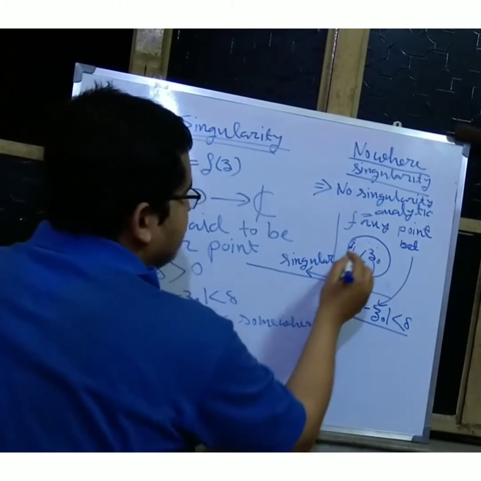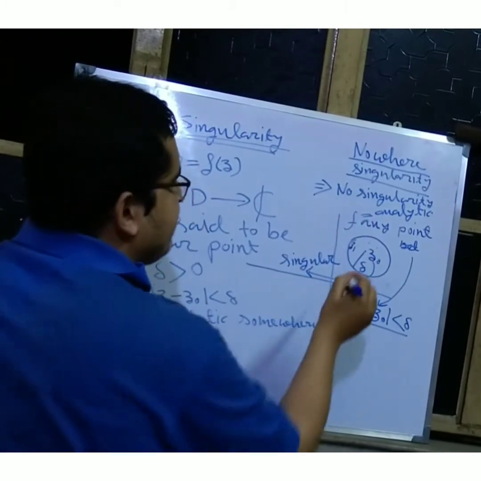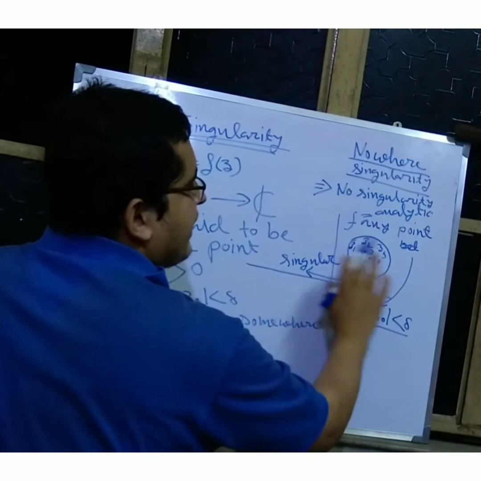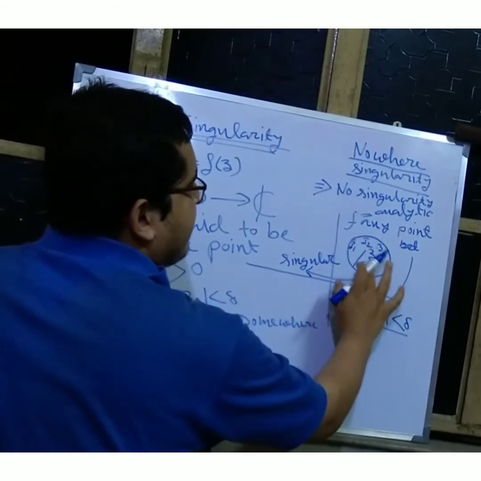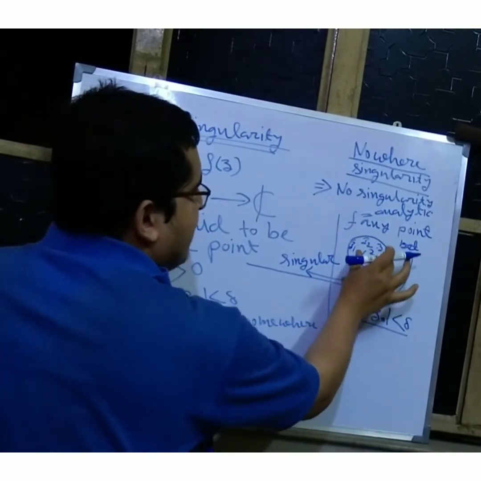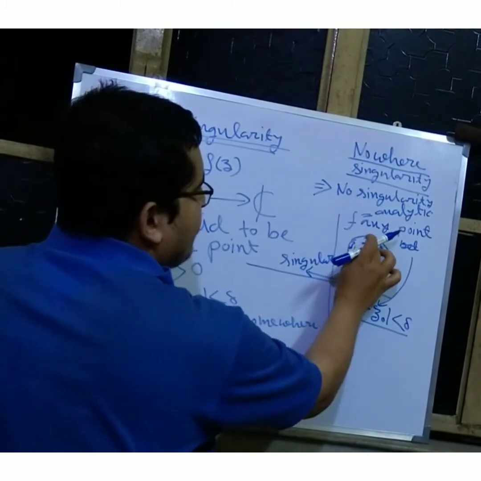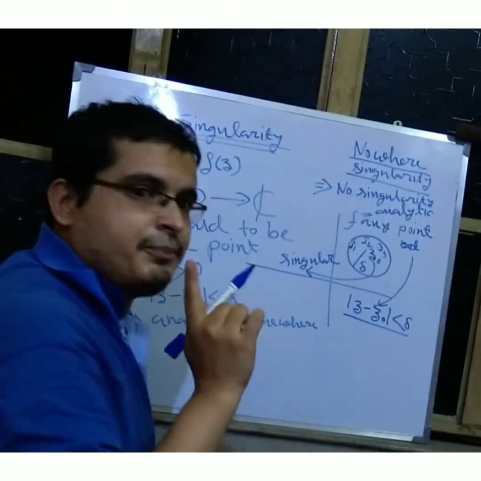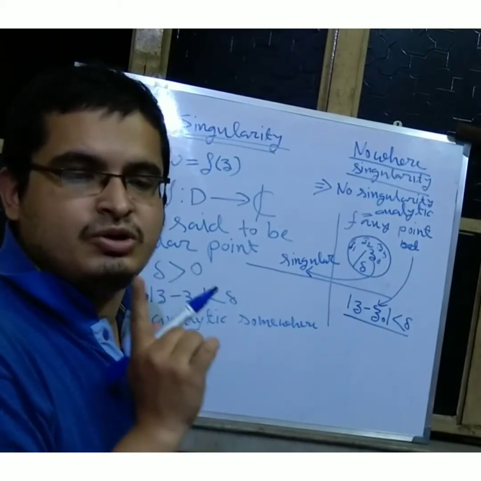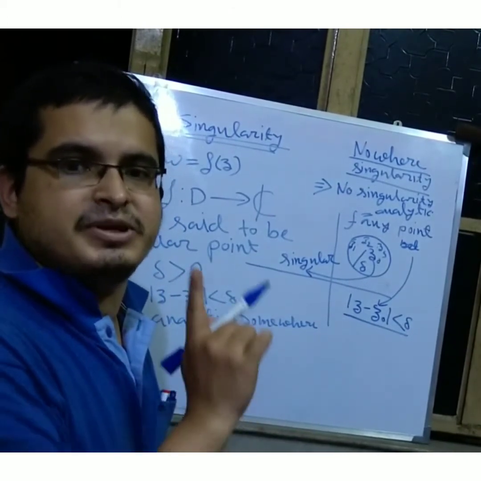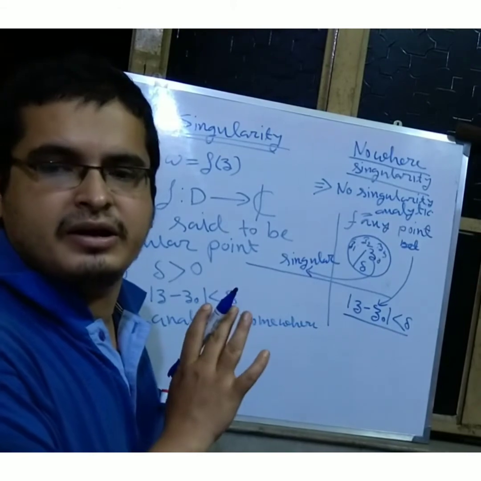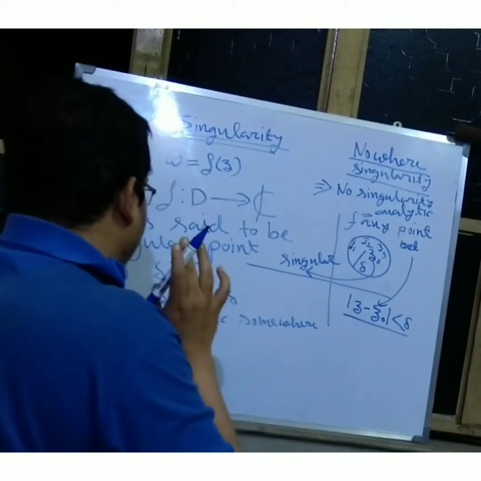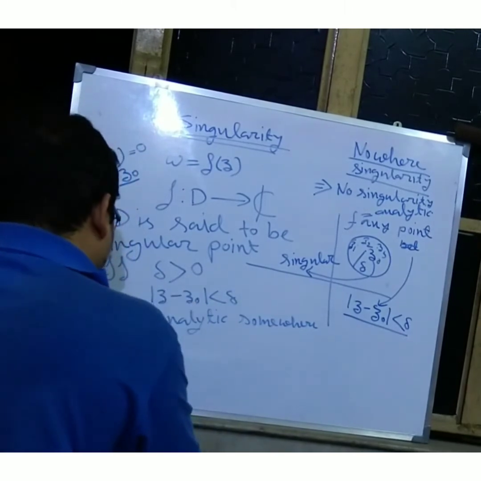Somewhere means it may be any one point. It may be, suppose, z1, z2, z3. This is not analytic around z0, in this area you will get z1, z2, z3 where it is not analytic. But maybe there is only one point, friends. Somewhere, but not at z0.